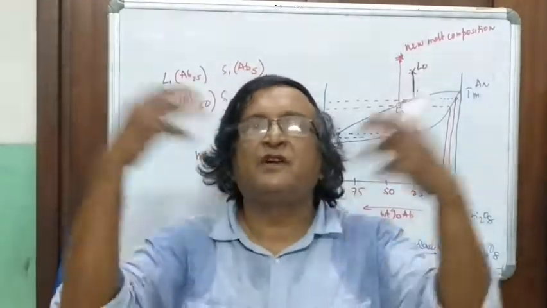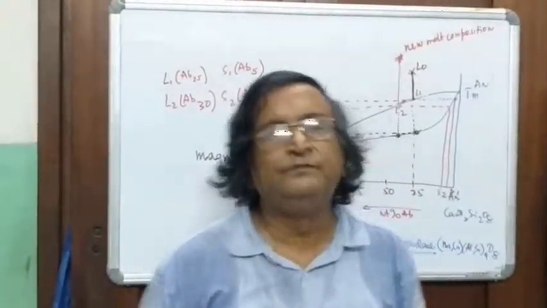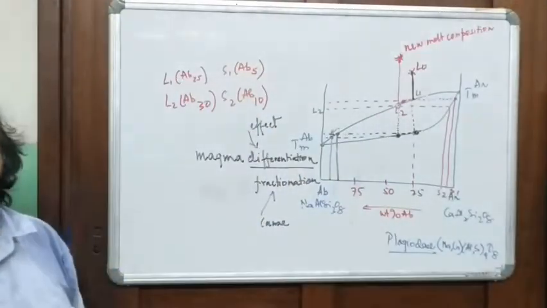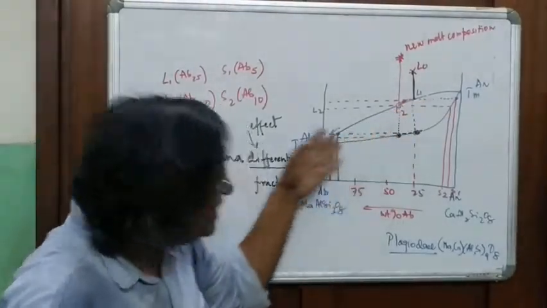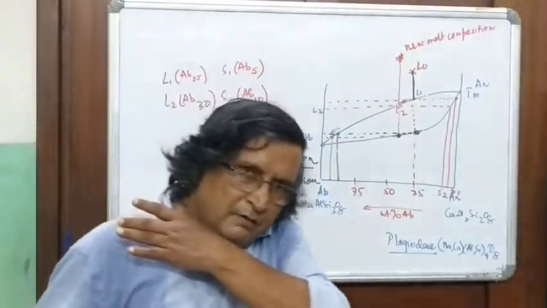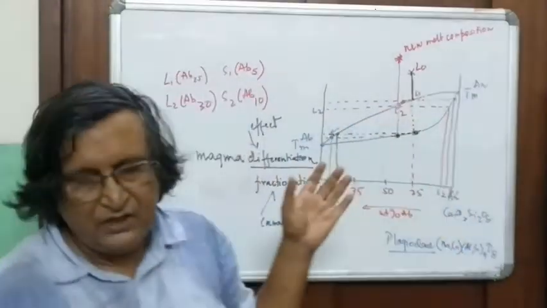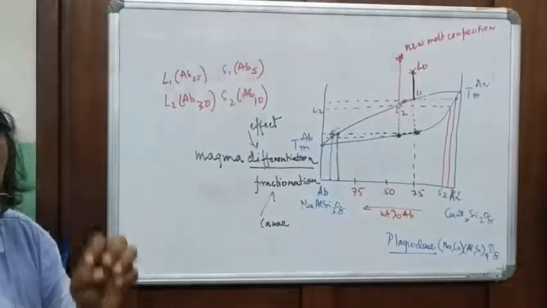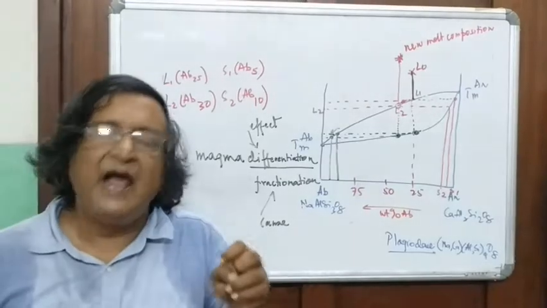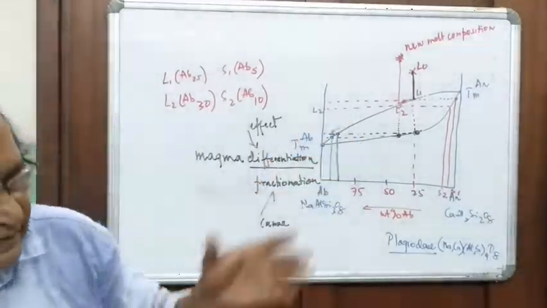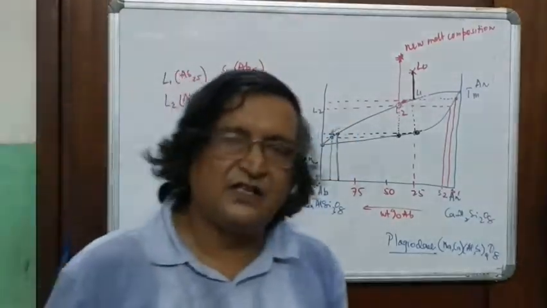But because of crystal fractionation, the solids that it produced are mineralogically and chemically diverse. That is why it is crystal fractionation, and we have the evidence like zoning. I will give you some more examples of crystal fractionation.